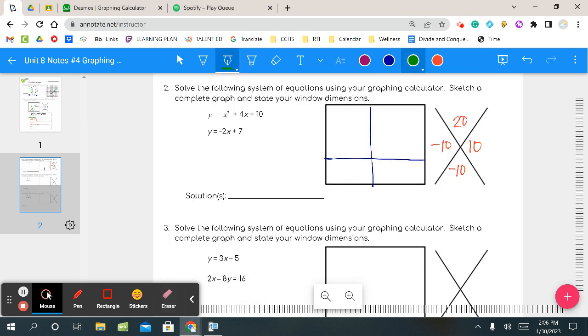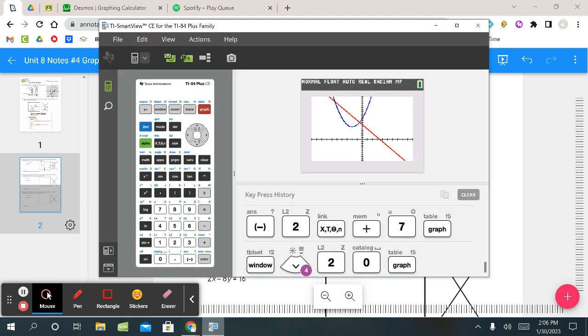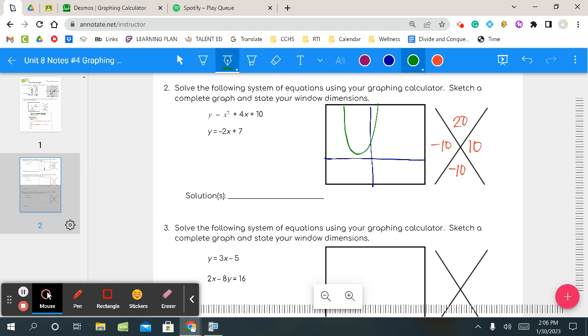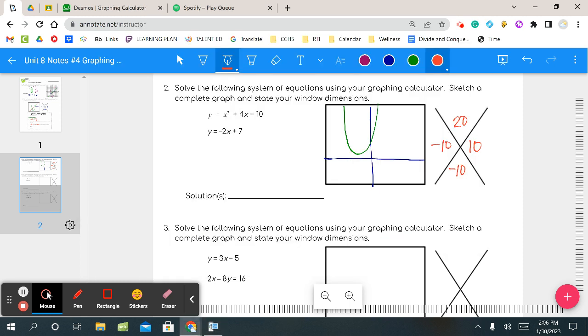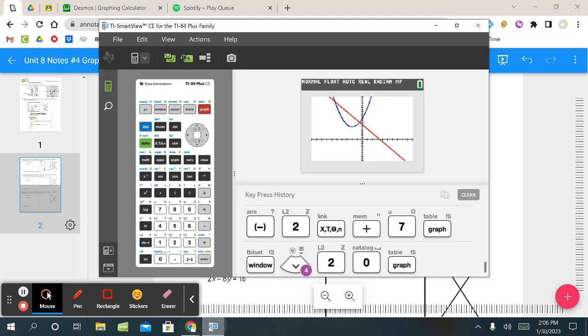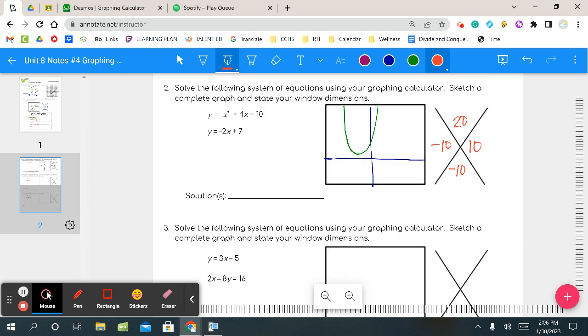So first we have our parabola, and then we have our linear function. Okay, that's approximate. My drawings aren't going to be perfect. Okay, now we need to go and find our solution.